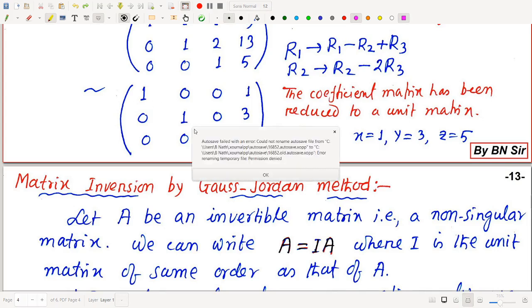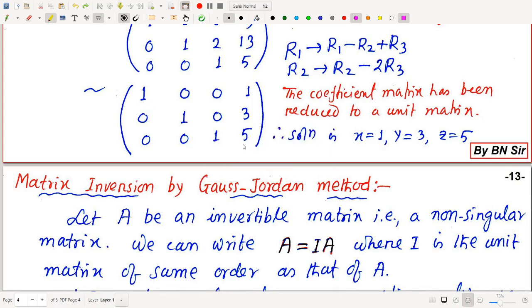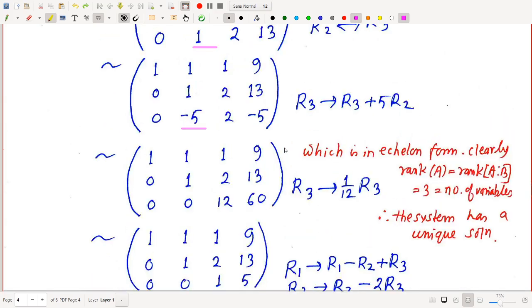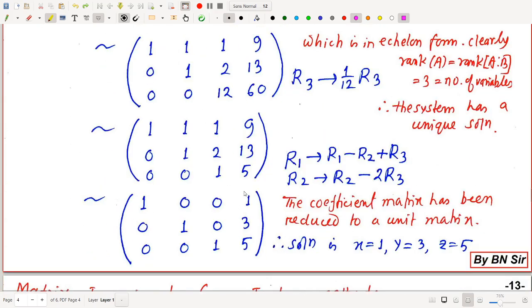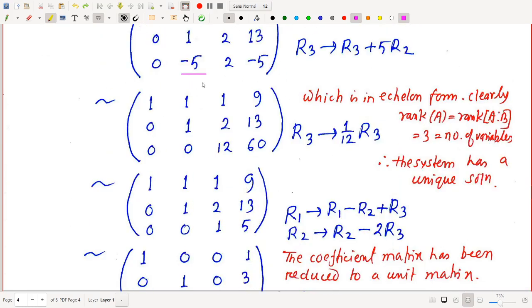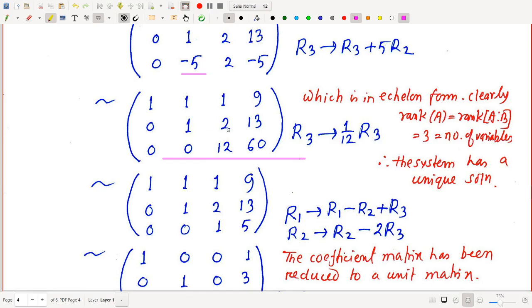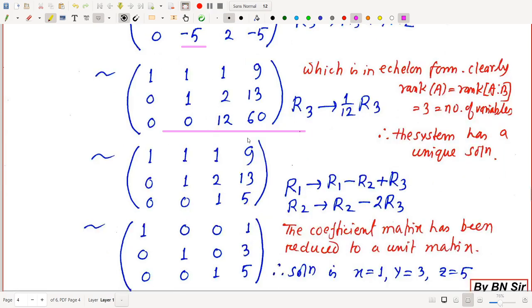So if the coefficient matrix becomes a unit matrix, then it is very easy to write the answers directly: x equal to 1, y equal to 3, z equal to 5. That's why the Gauss-Jordan method, but it is at the cost of additional calculation, elementary operations. Actually we can solve from this portion: up to this if we do, then using the Gaussian elimination method, by back substitution we can find x, y, z.